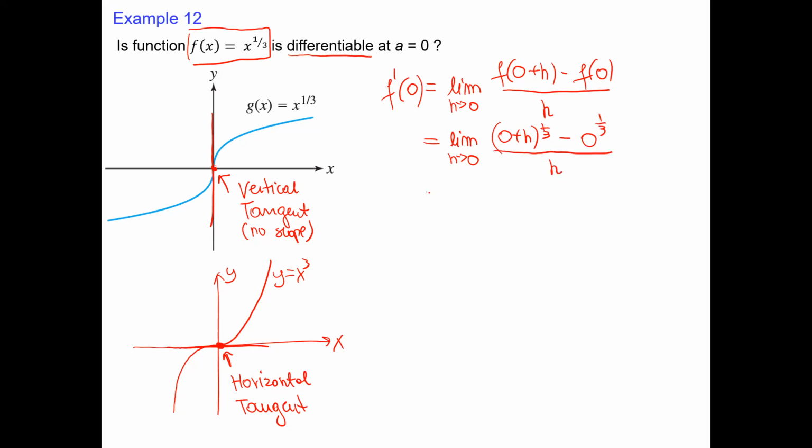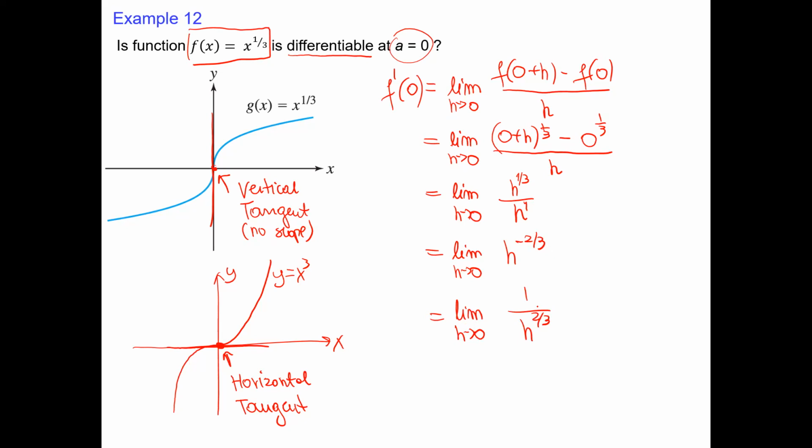This will be just h to the 1/3, and 0 minus 0 is 0. We may combine this: h to the power of 1/3 divided by h to the power of 1. 1/3 minus 1 is negative 2/3. I will rewrite without the negative.